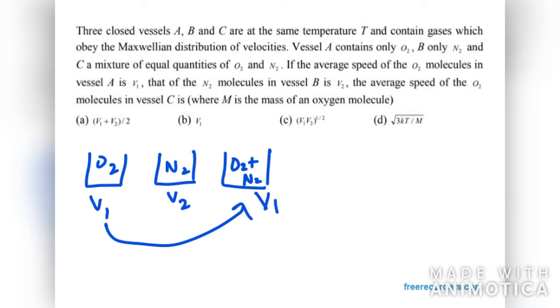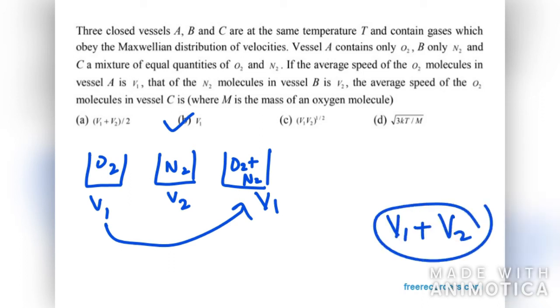That means in vessel C, the average speed of oxygen molecules will be V1 only. And if they say you need to find the average speed of the oxygen molecule and nitrogen molecule, then it will be V1 plus V2 if there is such a condition. Otherwise, the answer in this case is V1 only.